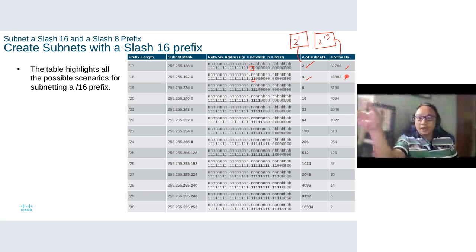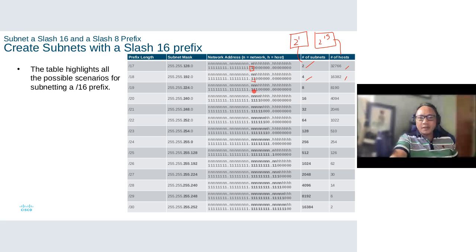May 384 talaga yan, minus the broadcast address and the network address. Kaya siya naging 16,382. So, ganun lang kasimple, no? All throughout the rest of the conversion of the slash 16 prefix to other prefixes, makikita natin na parami lang ng parami yung binabaro natin na bits, no?